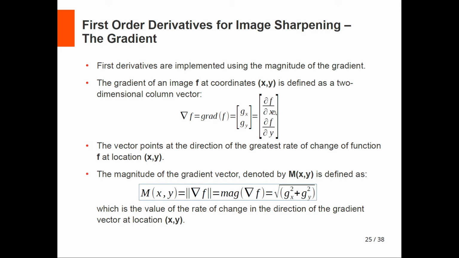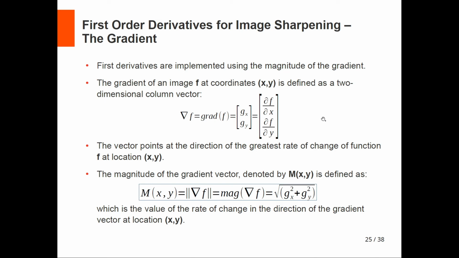G of x, or gradient in the x direction, is defined as the derivative of f with respect to x, and g of y, or the gradient in the y direction, is defined as the derivative of f with respect to y.